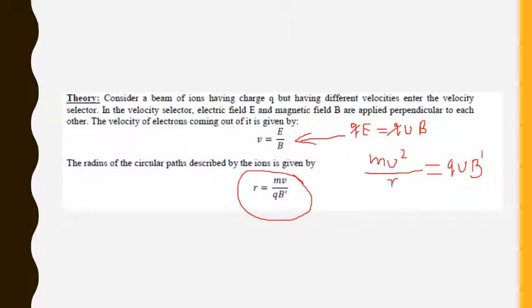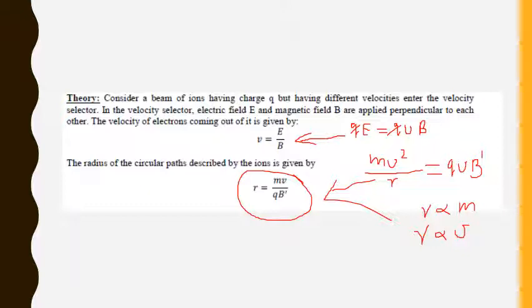This r basically can give you the idea of the radius with which the particle can circulate, and this r is proportional to m, r is proportional to v also, and of course other things are the same. But we are keeping v constant using the velocity selector.